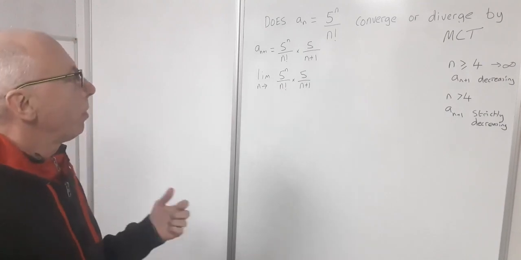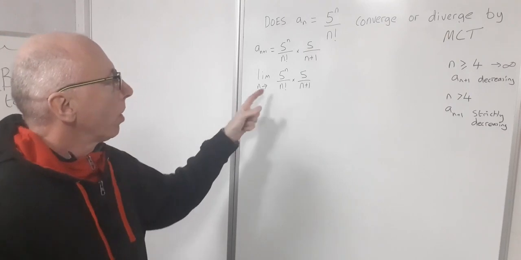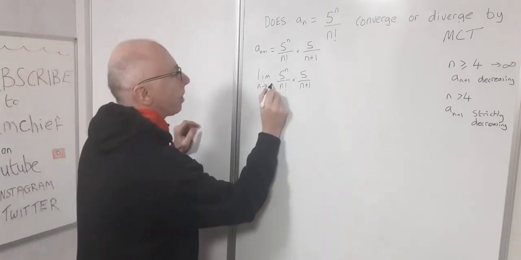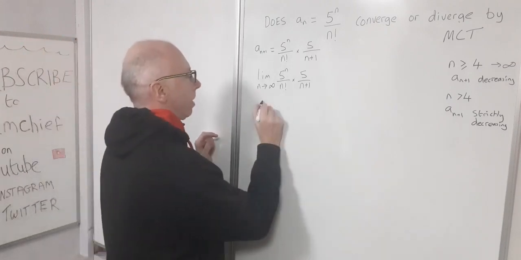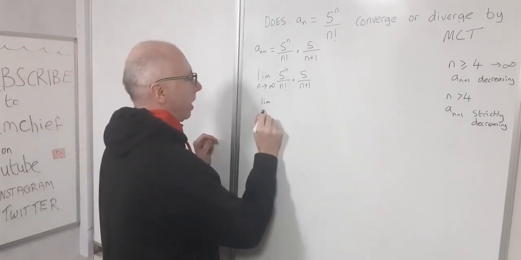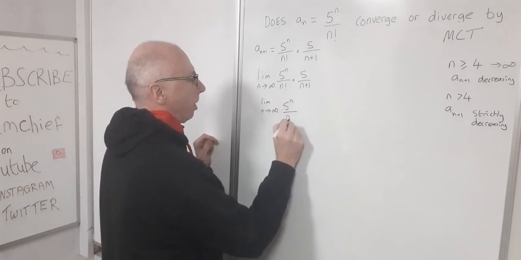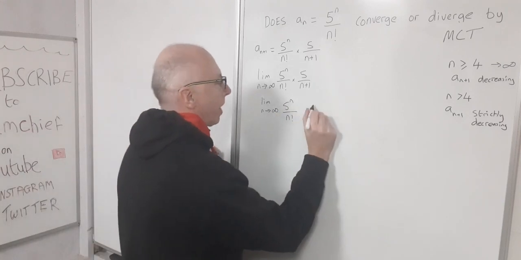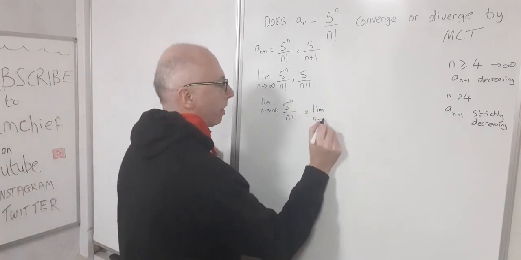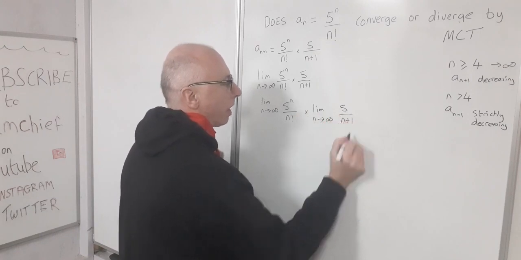I'm going to split this into two limits. So I've got the limit as n approaches infinity of 5 to the n over n factorial, multiplied by the limit as n approaches infinity of 5 over n plus 1.